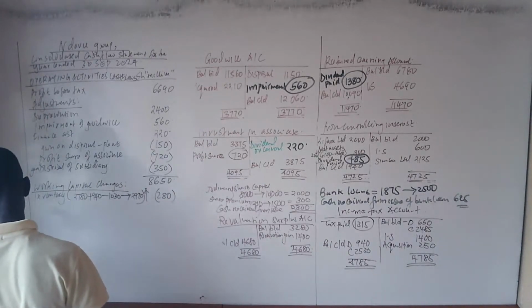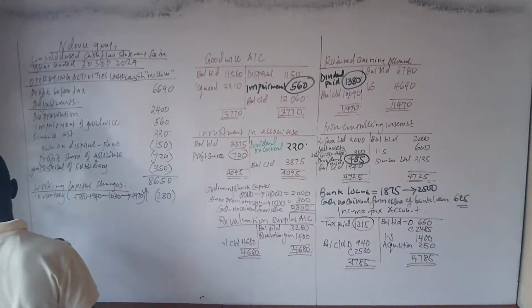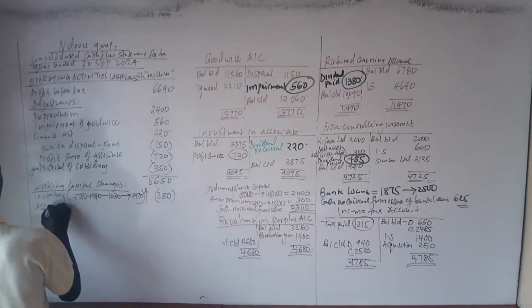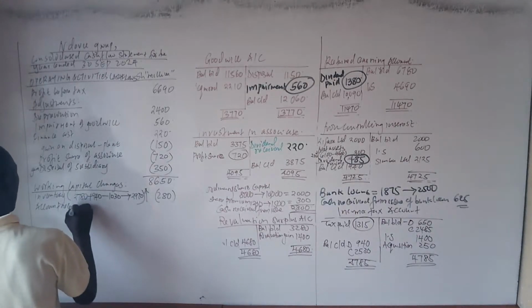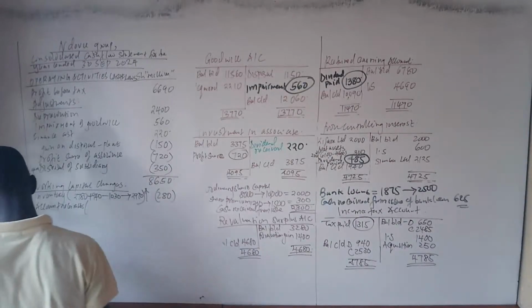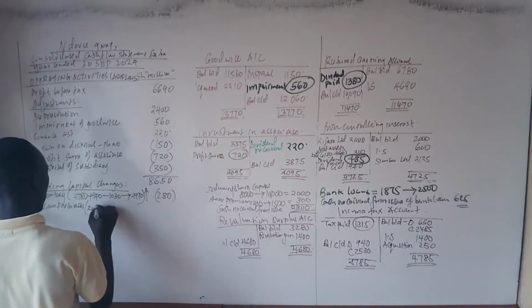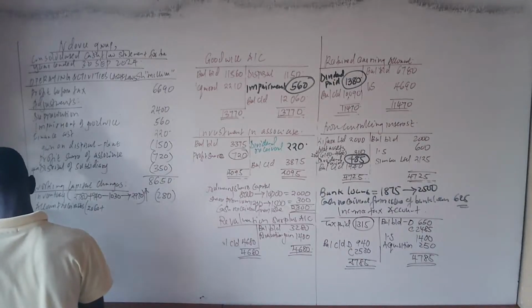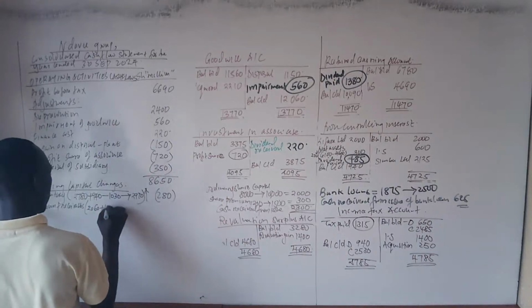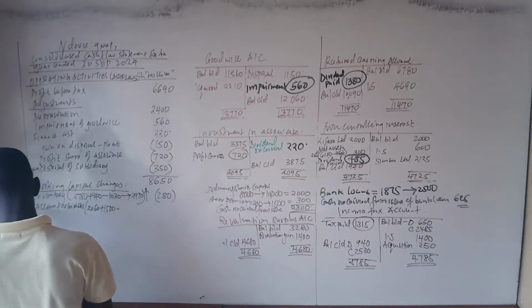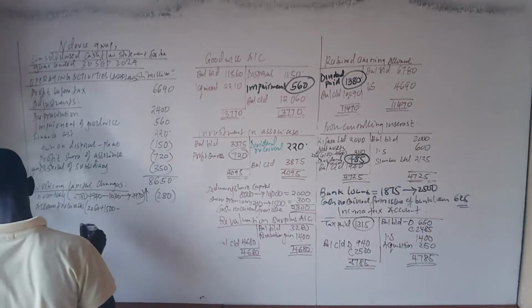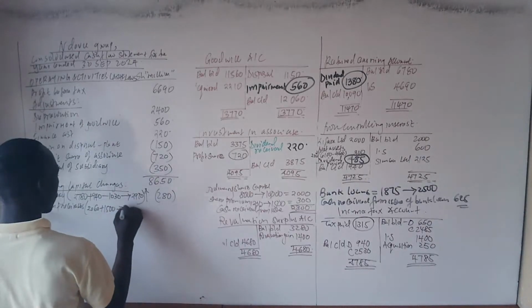The next one is trade receivables. Give me account receivables. Account receivables at the beginning we have how much? 2060. Plus, did we acquire receivables? Yes, we acquired 1500. Then did we dispose? Yes, we disposed 750.